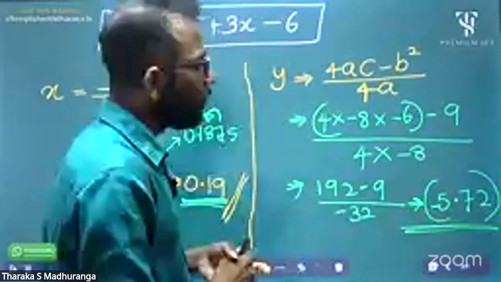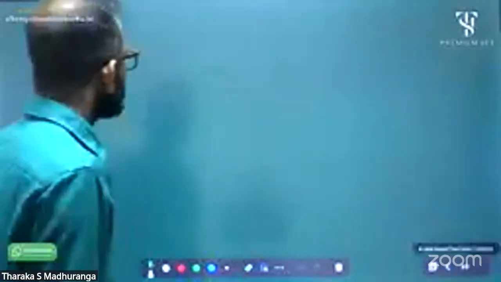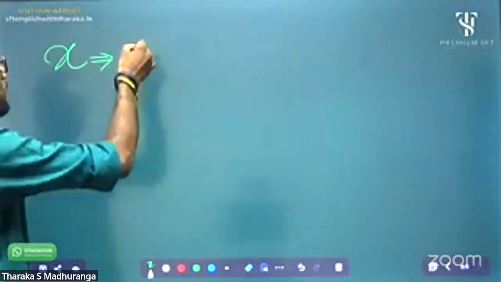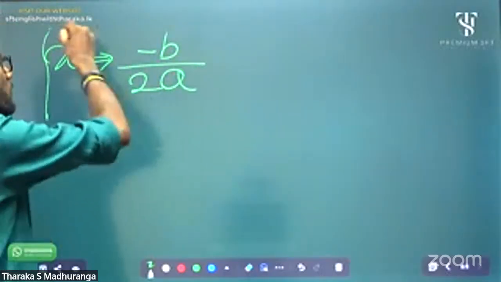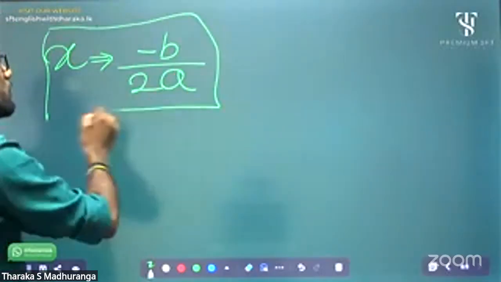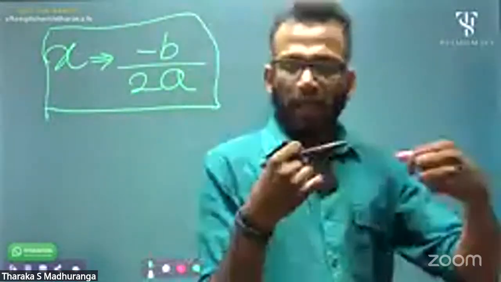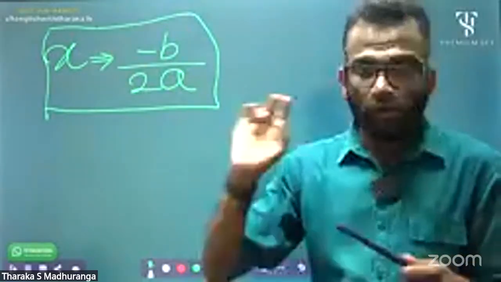For the turning point coordinates, the x coordinate you can simply calculate by minus b over 2a. Remember the equation: minus b over 2a. For the y coordinate of the turning point, you have two options.